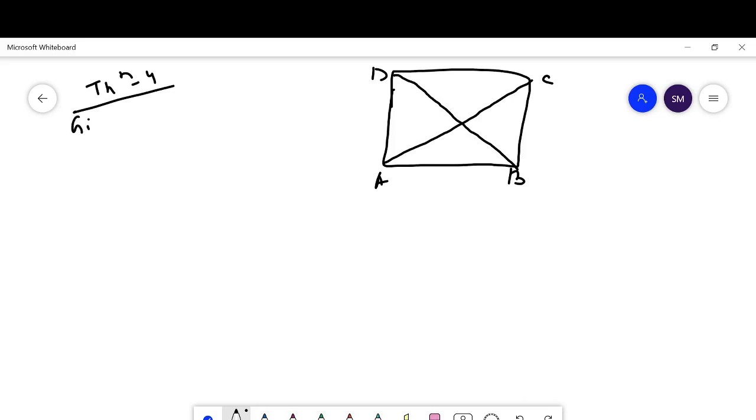Here the given condition is: ABCD is a rectangle with AC and BD as two diagonals.